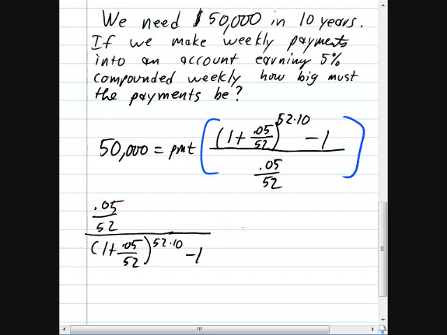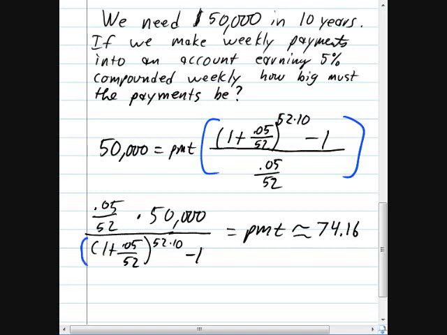When you multiply a fraction times a whole number, remember the 50,000 is over 1, so the 50,000 is multiplied on the numerator. The 1 would be multiplied in the denominator. This equals our payment. And if you type all of this into your calculator very carefully, you'll find that this is going to be a payment size of approximately, rounding to the nearest penny, $74.16.